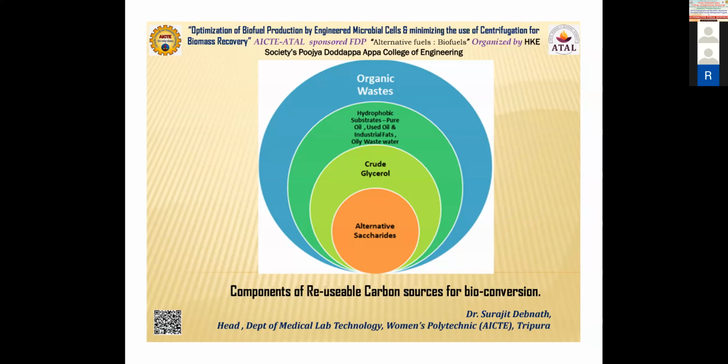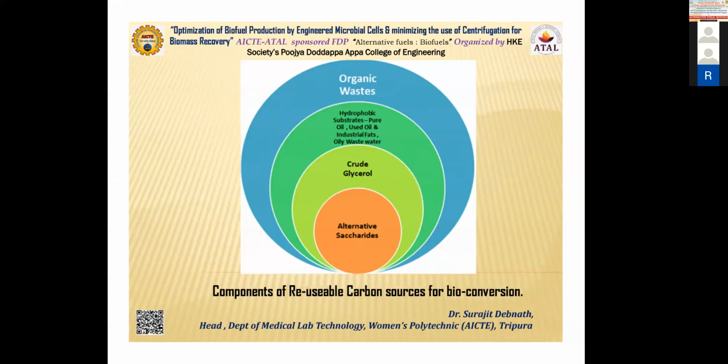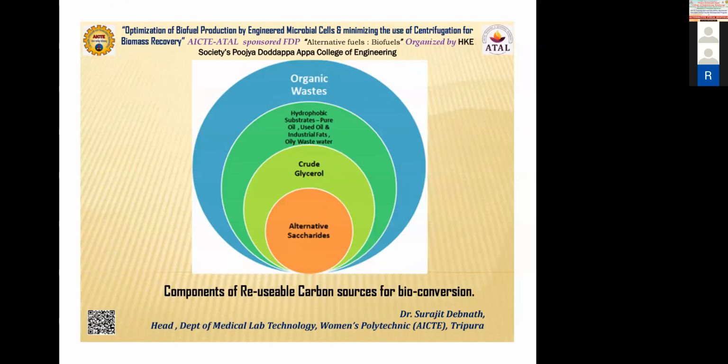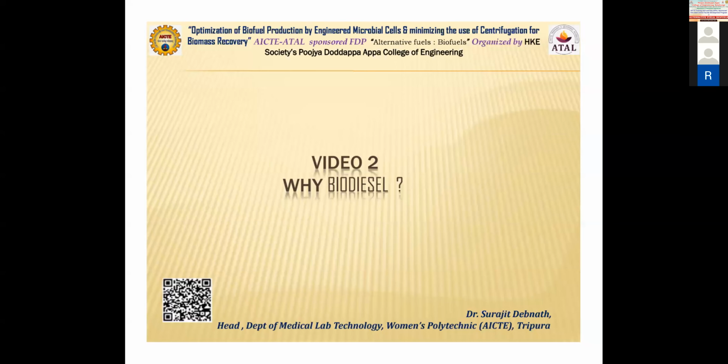Now, any one of these can be useful for the organism. That is the microorganism we are talking about. This particular microorganism will take this waste material from the wastewater and then convert it into biodiesel. Are you getting? So we'll also come to this. We'll now see the second video to see what exactly is going on. So I'll request the coordinator to play the second video.